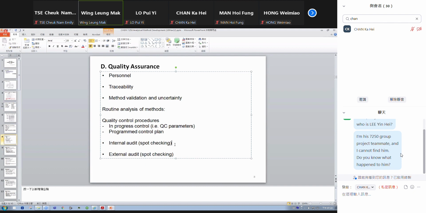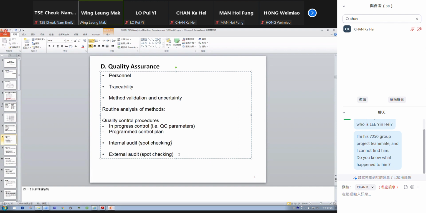You invite another person, not in the team, but in the same company, to conduct the audit. Audit is to oversee that you are conducting the same standard operation procedure in the laboratory, and to see whether you comply with the procedure, follow the procedure, and whether the apparatus, the instruments, or how you calculate the result is according to the procedure you have written.